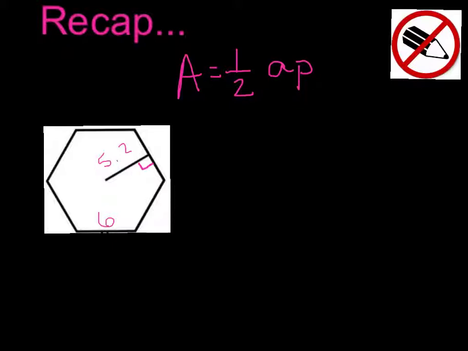So let's do this problem. To solve this problem, you need your apothem and you need the perimeter. I see that the apothem is 5.2. I don't really see the perimeter. However, I do know that this side is 6. I'm assuming it's a regular polygon, so all the sides are 6. To get the perimeter, you add them up together.